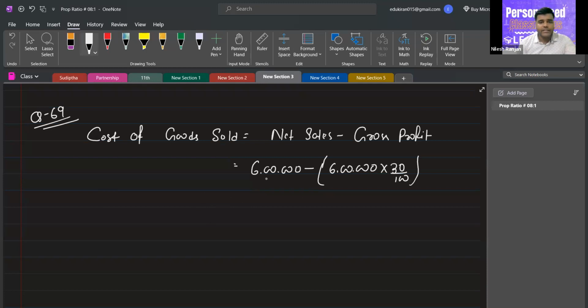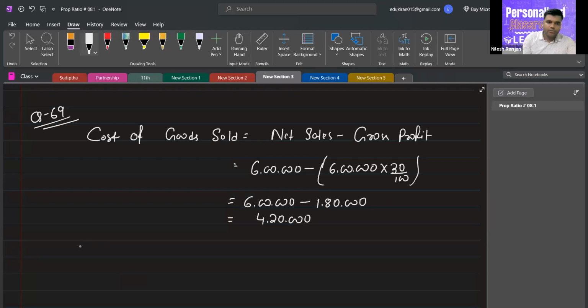You will get 1,80,000. So we will write here 6 lakh minus 1,80,000. So it is 4,20,000. Our cost of goods sold is calculated.